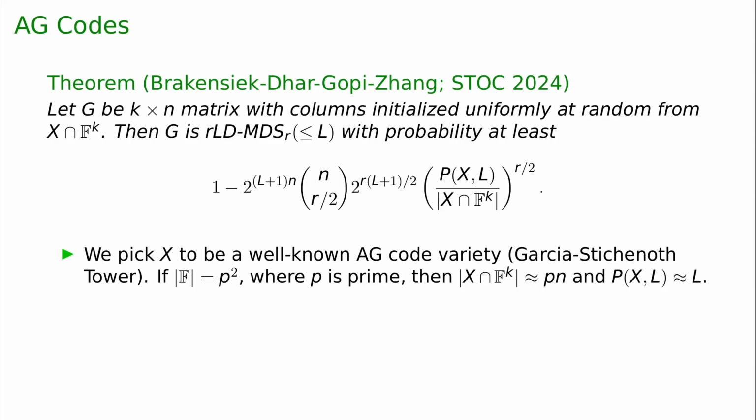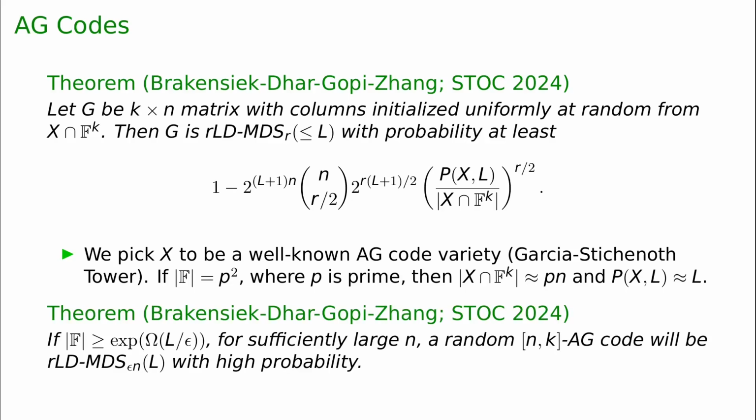For our application to algebraic geometry codes, what we do is we just pick our variety X to correspond to a well-known AG code, in particular the Garcia-Stichtenoth tower. And we pick our field size to be p squared, and it turns out that X intersect our space is approximately linear, whereas our maximum degree is roughly constant.